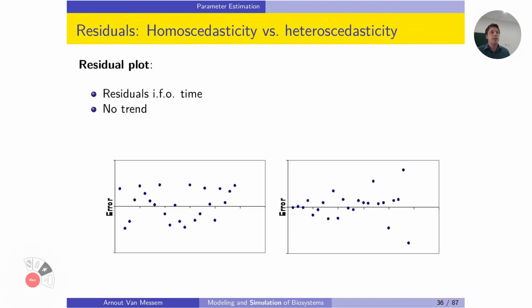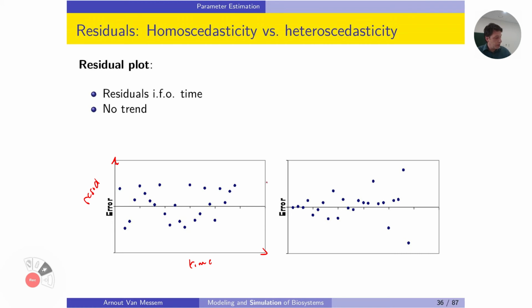To check homoscedasticity or heteroscedasticity, we do the same as with regression. We make a residual plot. Only now for time series we will plot as a function of time. So on the y-axis we get the residual, the error. On the x-axis we get the time. And what we want is, again, a constant variance over time.